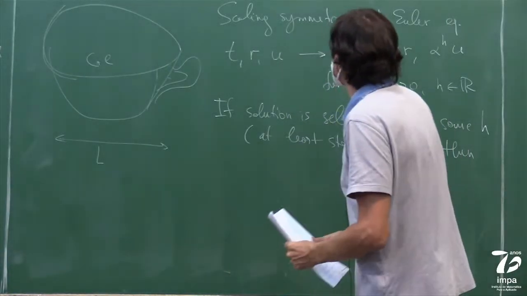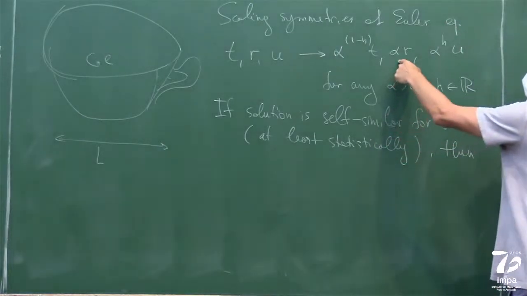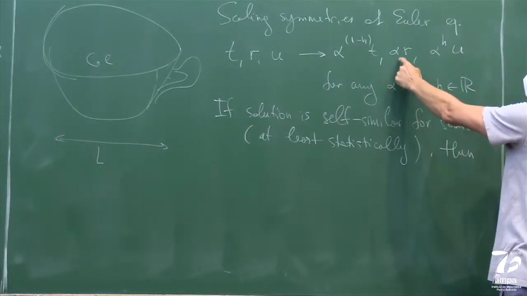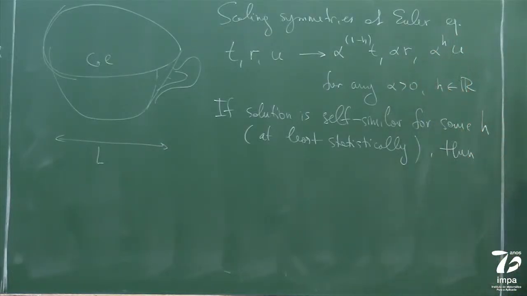Then whenever you change scale, you change u in the power h, right? If l changes by 2, then u changes by 2 to the power h.